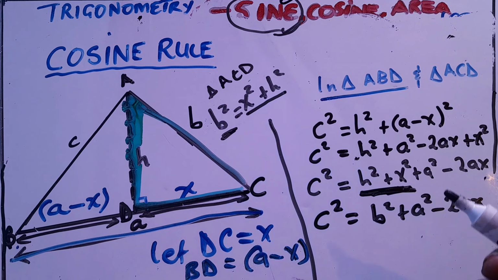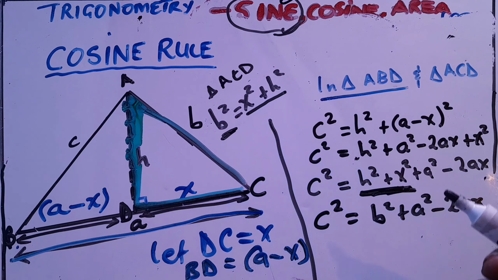But again, in this same triangle, if we are looking at this angle C, we can see that our cos of angle C is the same as adjacent over hypotenuse. So this is X over B. After multiplying out, we can see that our X becomes B multiplied by cos of C. Can you see that?